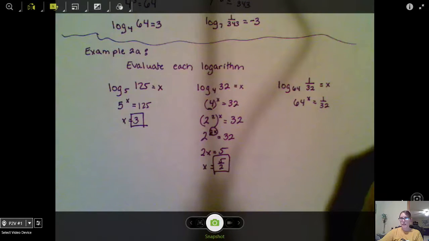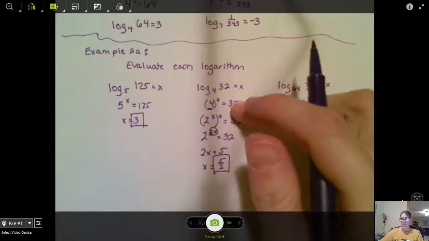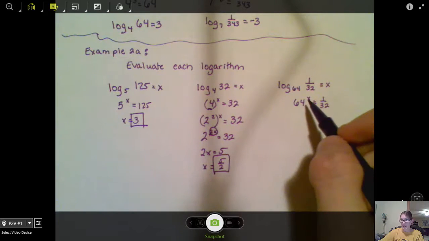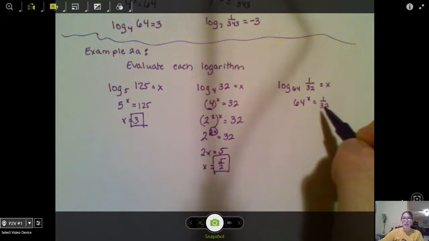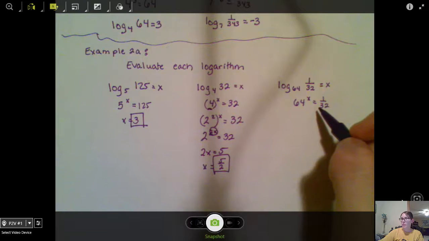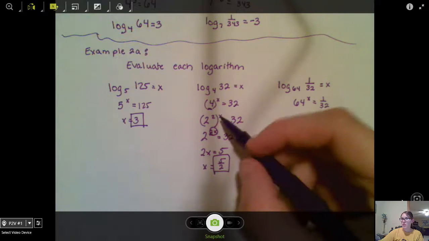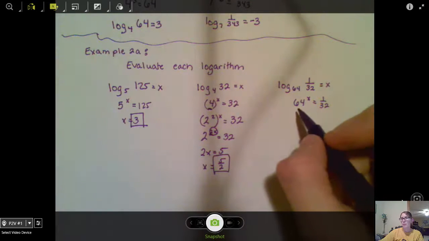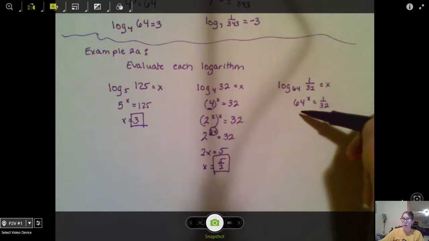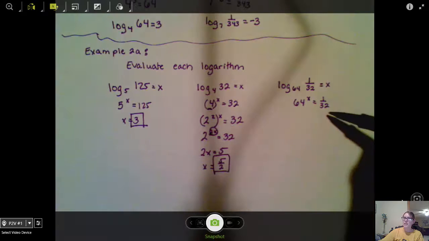All right. And kind of similar to what we did with this one. Well, 64 to, well, there really isn't any power, any whole number power, I should say, that gets us to 1 over 32. So let's think through the same process we did over here. Is there a number to a power we could use for 64? Well, 64 is 8 squared, but I can't think of 8 to any power that's going to give us 32.